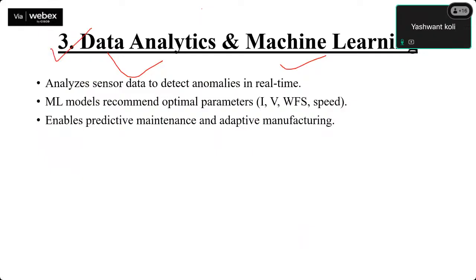All the sensors have been set, and we have done the data collection also, everything we have done. But this is the time for analyzing all the sensor data. This is known as data analytics, to detect abnormalities in real time. So in real time monitoring, the data is analyzed. The analysis part has been integrated at this point.